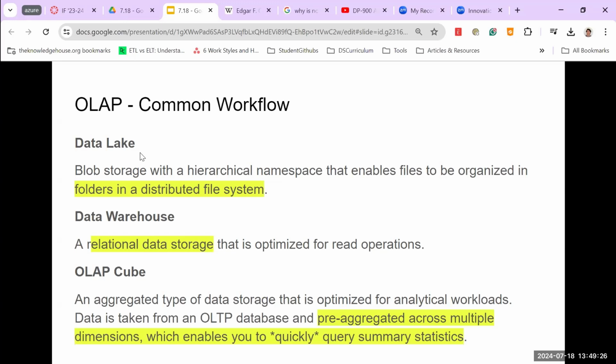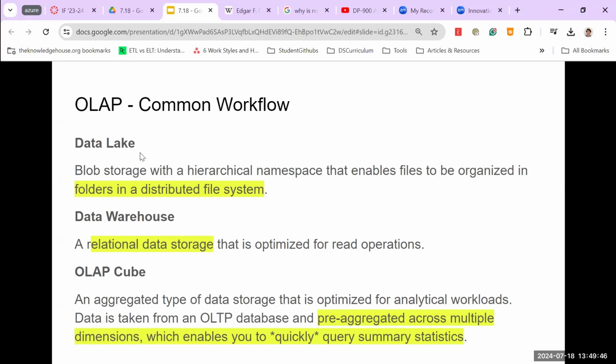And finally, everyone, using a data warehouse, we can transform our data into something called an OLAP cube. This is basically when we pre-aggregate our data so that we don't have to use precious computational power performing these aggregates.